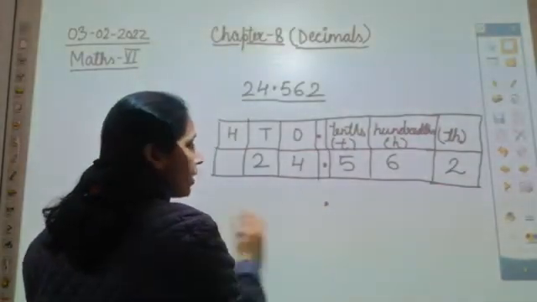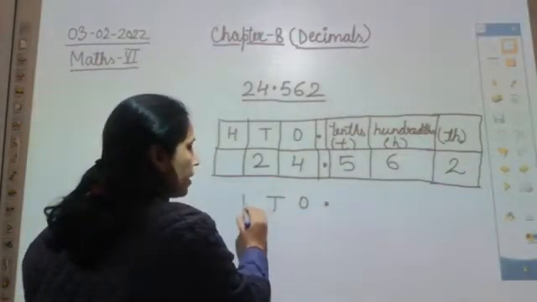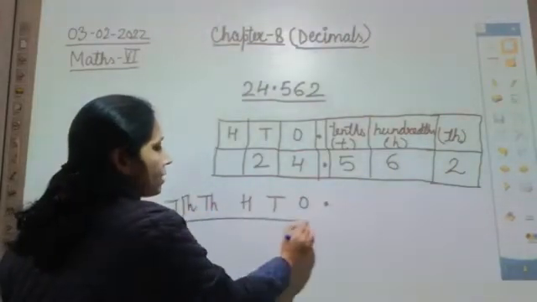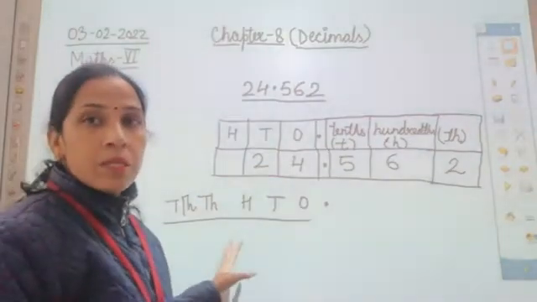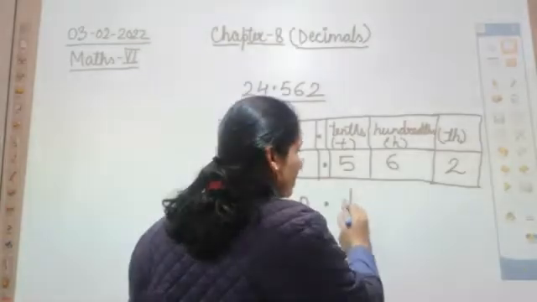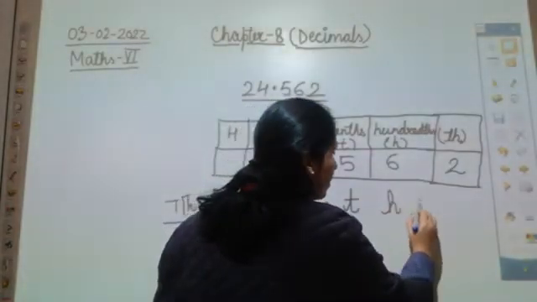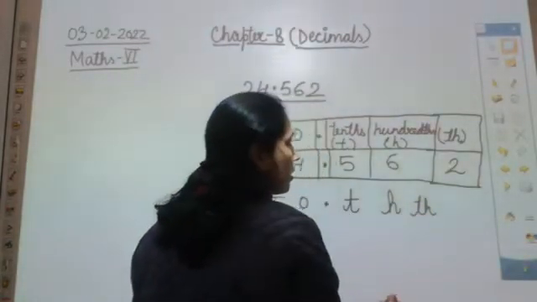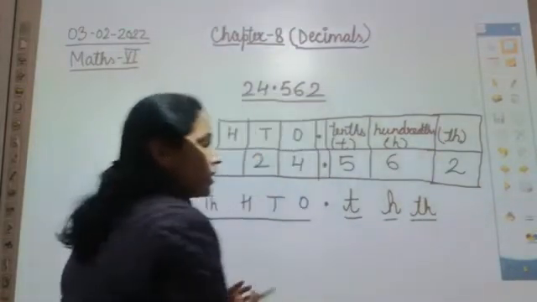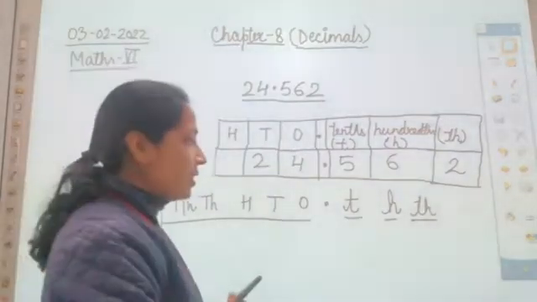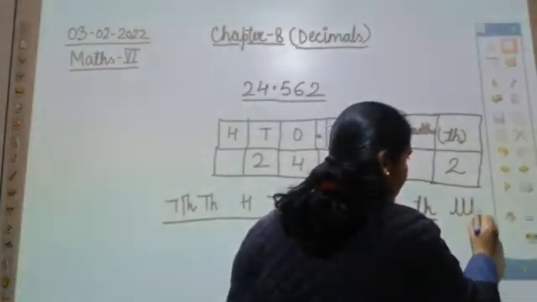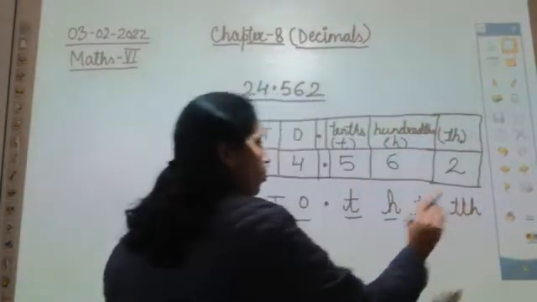Before the decimal we have ones, tens, hundreds, thousands, ten thousands, and so on, as we had earlier in the number system we have done. After the decimal we have tenths, hundredths, thousandths, which all start with small letters, then ten thousandths, and so on.